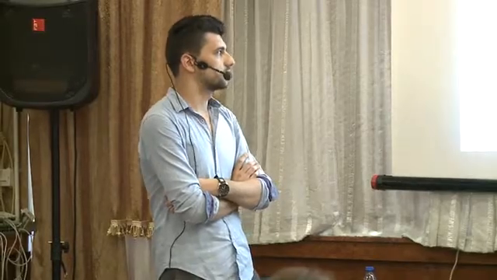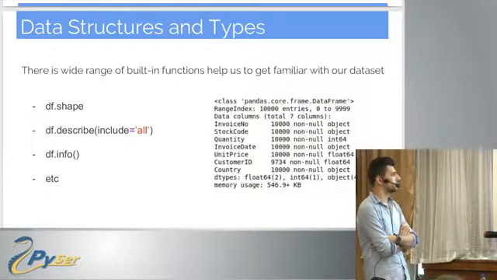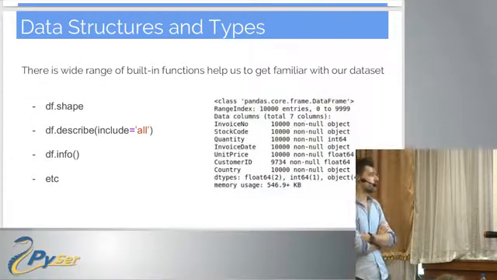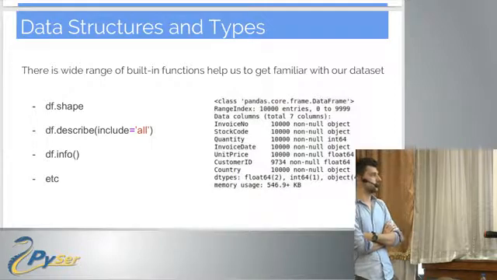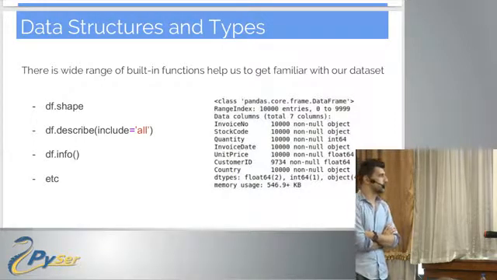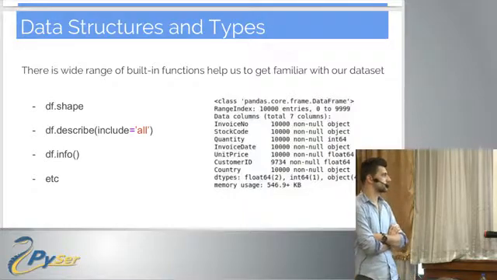The second row is a range of index and shows how many rows we have. The third row is columns. Each column is listed and says how many valid values for each column we have and the type of values in those columns. Also at the bottom is memory usage.